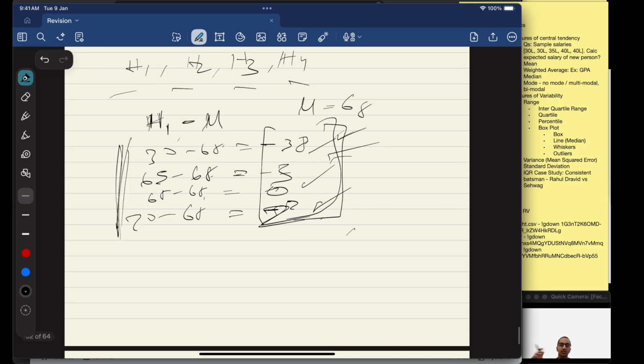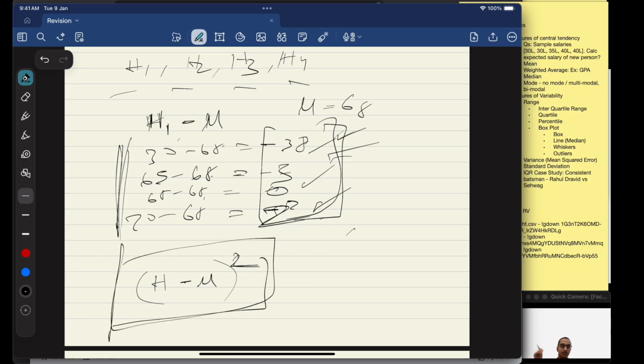So in order to handle these negative values and make the math more convenient, we do h minus mu, we square it, so that we cancel out the negative values, and this process also makes the algebra more convenient.